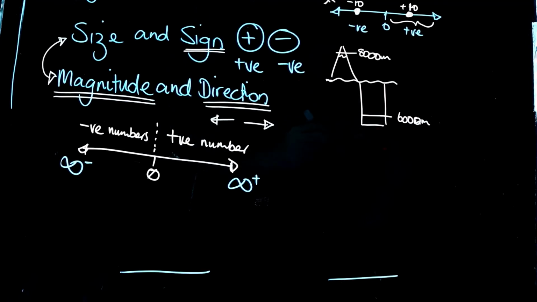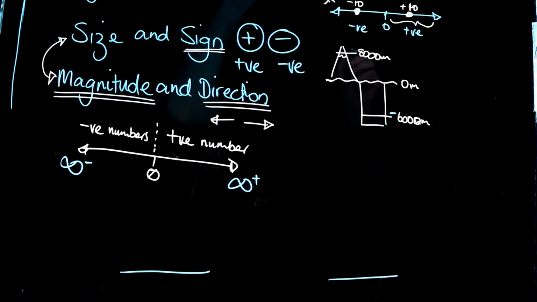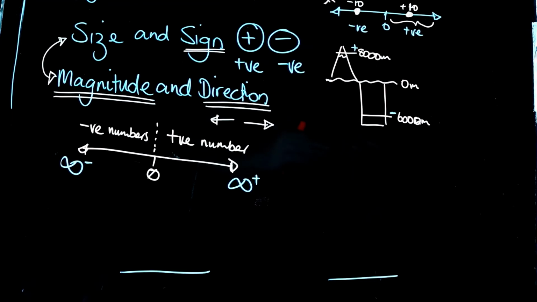All right. So what we tend to do is call sea level 0 meters here, and below sea level we are looking at negative numbers. So maybe we need a negative in front of there. And above sea level, as we move up, we might need a positive 8,000 there.